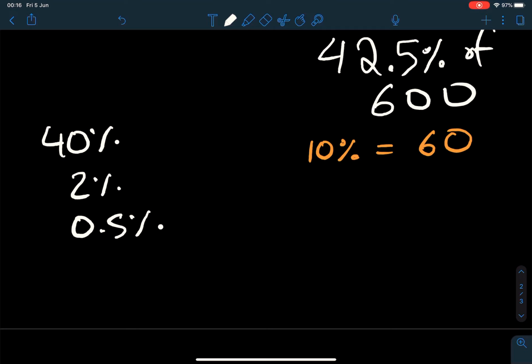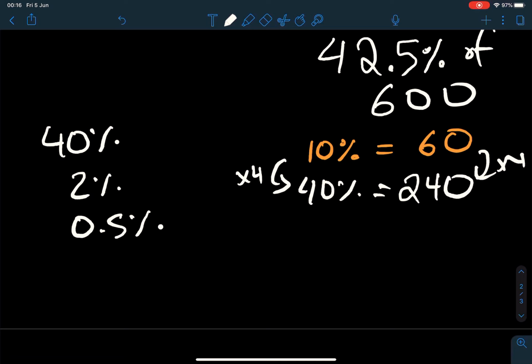So 42.5%. If 10% is 60, 40% would be times by 4. So I'd also times 60 by 4, which is obviously 240. Now I need to get to 2%.